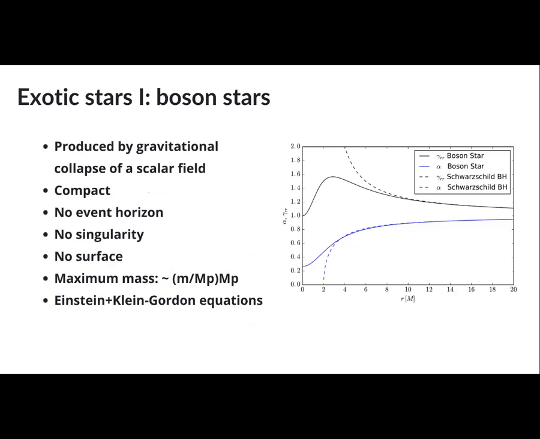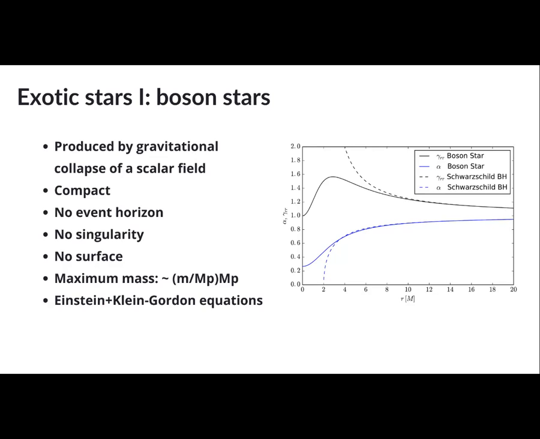Before going further, I would like to explain what properties are expected for boson stars. Boson stars are produced by gravitational collapse of a scalar field, as I mentioned in the beginning. They are expected to be very compact, but also to have no event horizon. They should also have no singularity, and being made of a field that interacts very little with the rest of the standard model fields, they are practically dark matter.